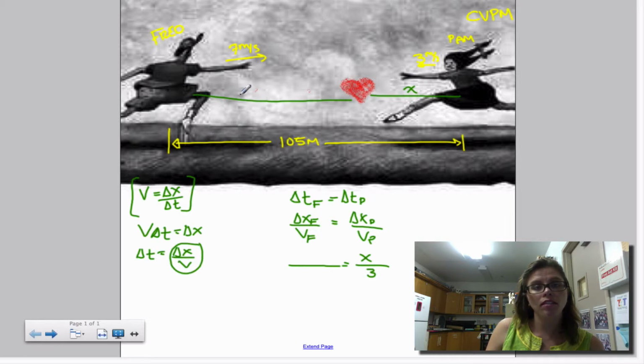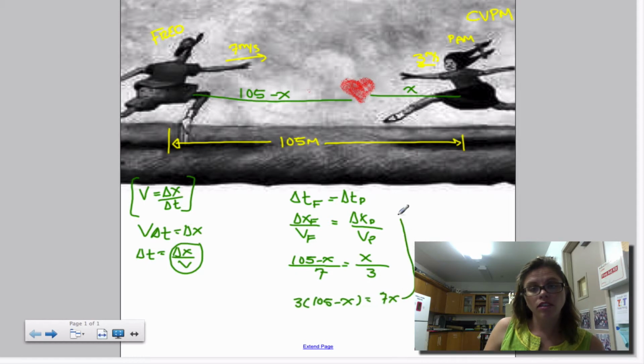So he runs 105 minus x, over Fred's velocity, which is 7. So we could cross multiply. So now we have 3 times (105 minus x) equals 7x.